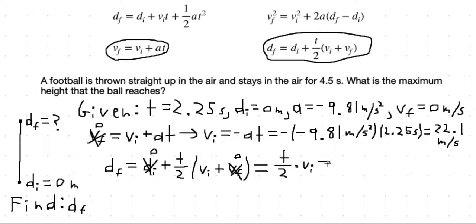Now we can just plug in the values for t and vi. If I put this into a calculator, I'm going to get 24.9 meters.